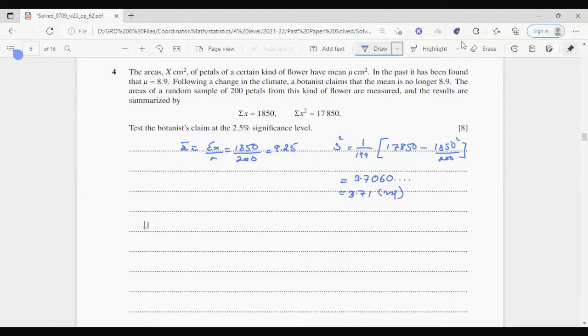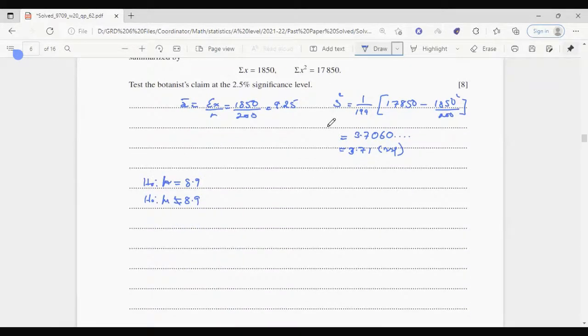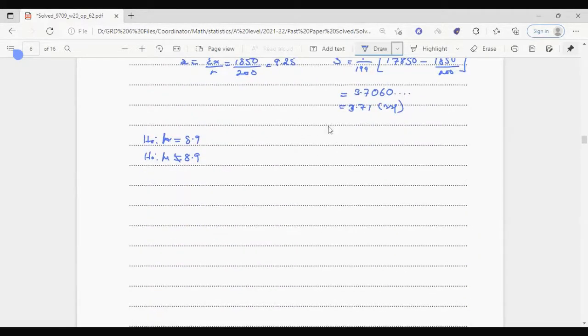Now let's go for testing. It has been given that in the past, the population mean mu was 8.9. Now, the claim is that the mu is no longer 8.9, and hence it's a two-tailed test. The significance level is given to be 2.5%.